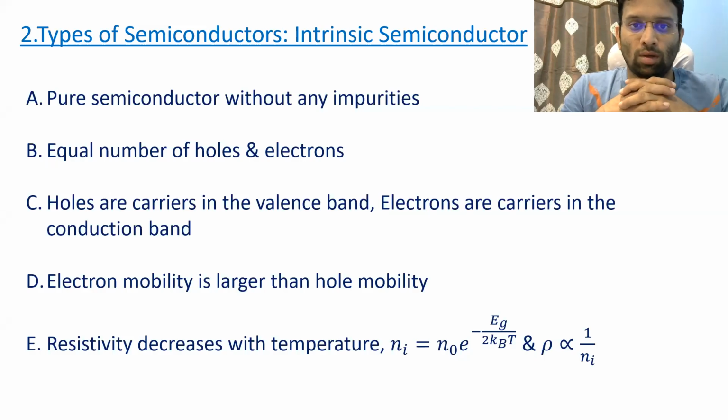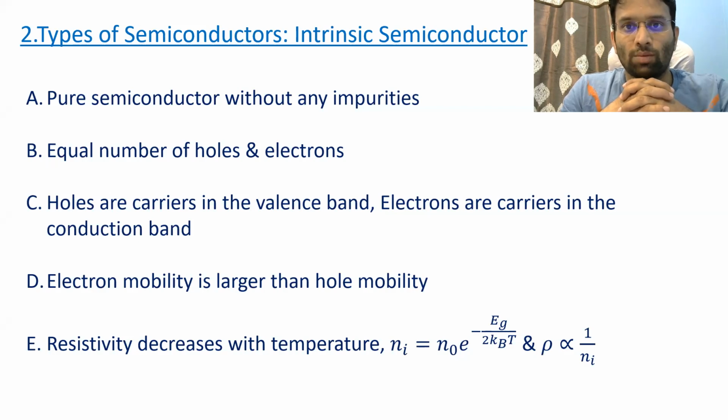So after the introduction, we shall move on to the next topic, that is types of semiconductors. In that, we have intrinsic semiconductor and extrinsic semiconductor. These are the two things we need to discuss in the types of semiconductors.